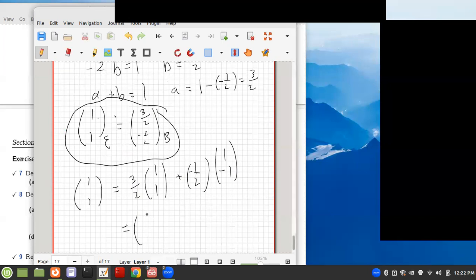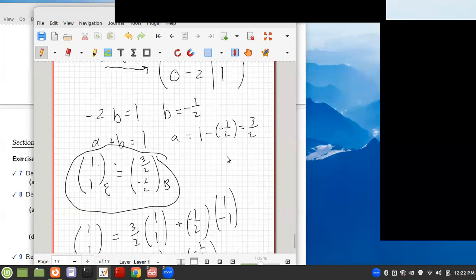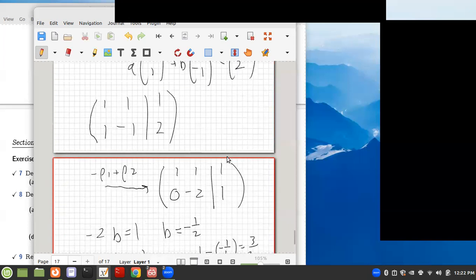So this is going to be 3 halves plus minus 1 half, 1 half, right? Now, did I get this right? Let me make sure, because it doesn't look right.